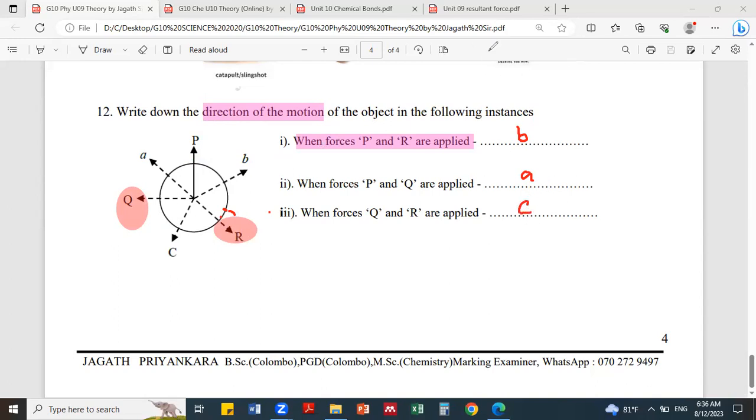Now, I'll give one example. You can take a table and two rubber bands, or even three rubber bands. You fix these to three nails like this.